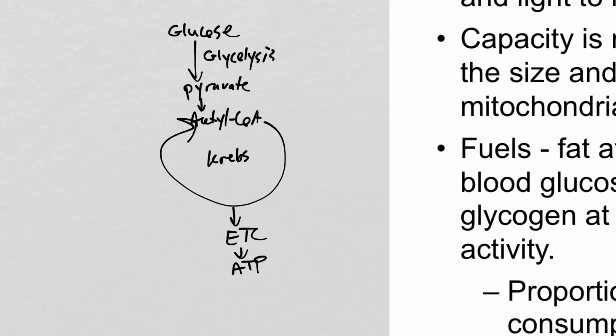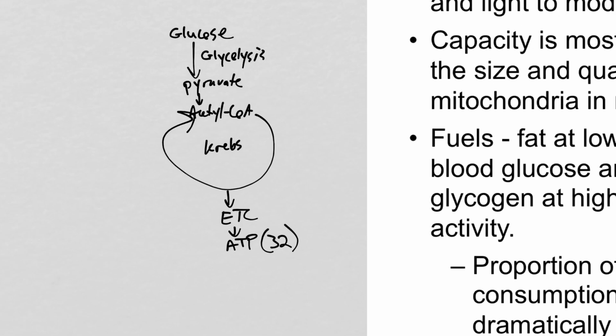That ATP is the currency for making muscles contract. It's what myosin uses to reset, right, every time it goes through a power stroke cycle. And this makes a lot of ATP. Somewhere in the ballpark of 32 or so is usually an estimated quote.